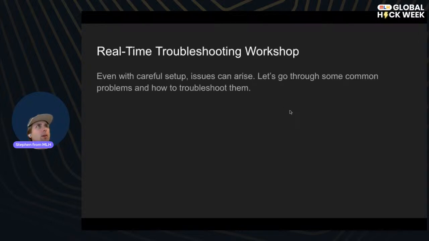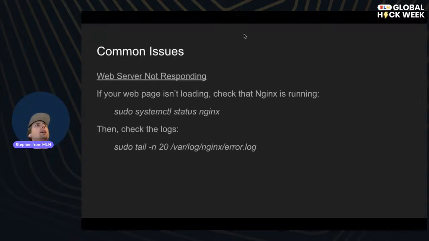And I'm going to talk a little bit about how we can real-time troubleshoot. So there's a few commands to learn about. If your web page isn't loading, your Nginx web page, you can use sudo systemctl status Nginx and then check the logs. So you could use this command here, sudo tail, to check the end of that .log file. So I'm going to paste these commands into the chat.